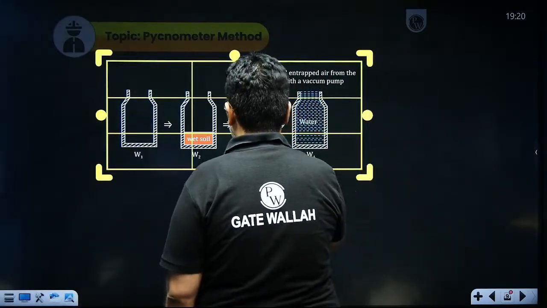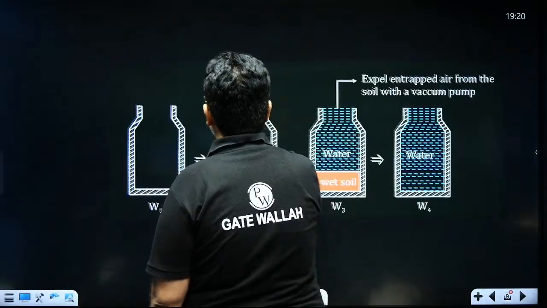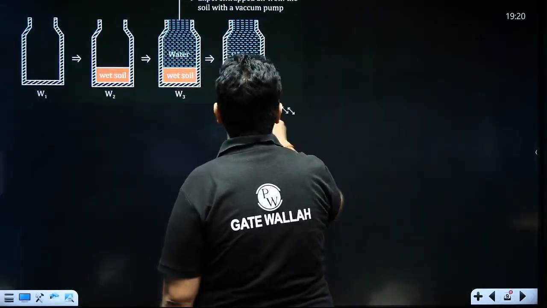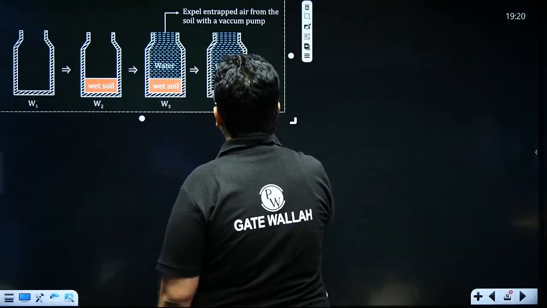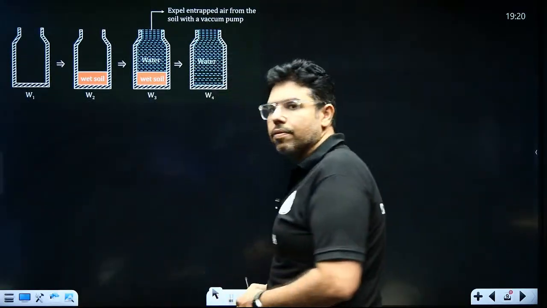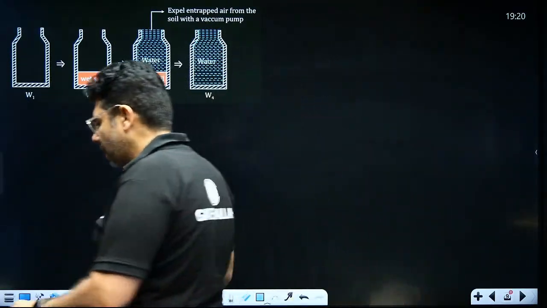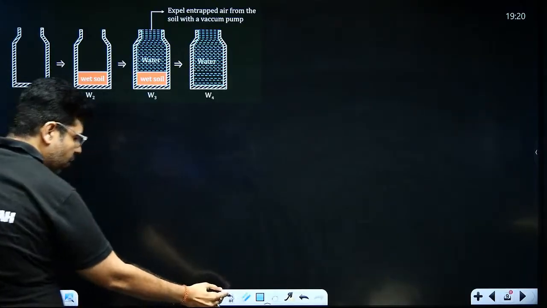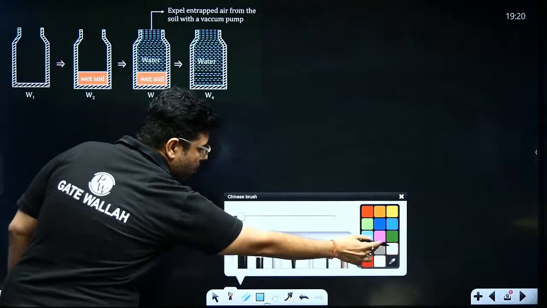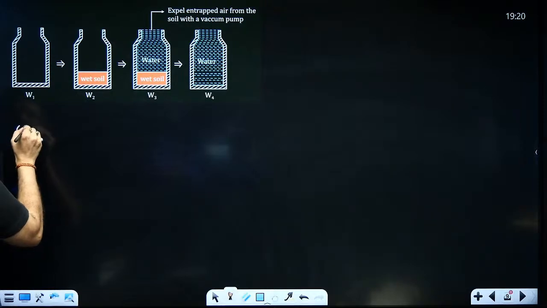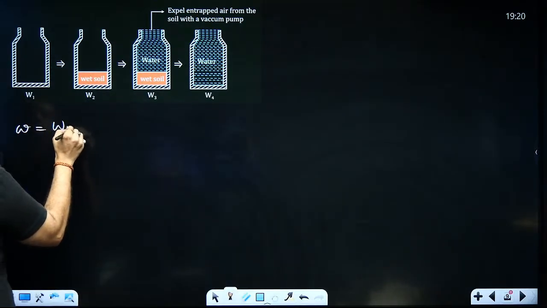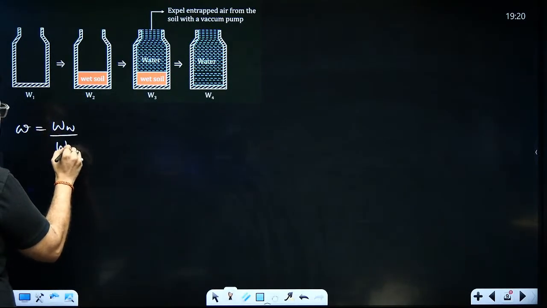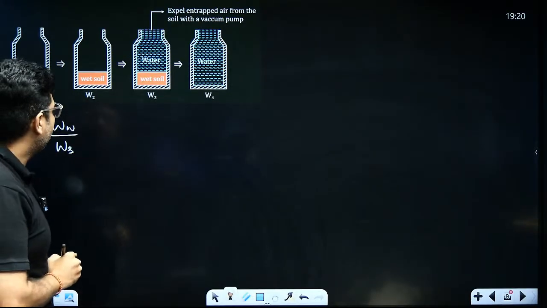Tell me now one thing. What is water content? That is nothing but the ratio of weight of water to weight of solid. This is my water content.